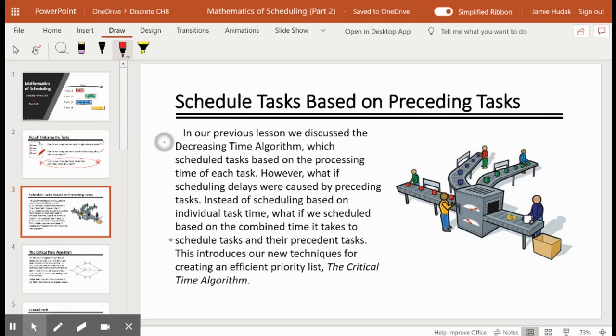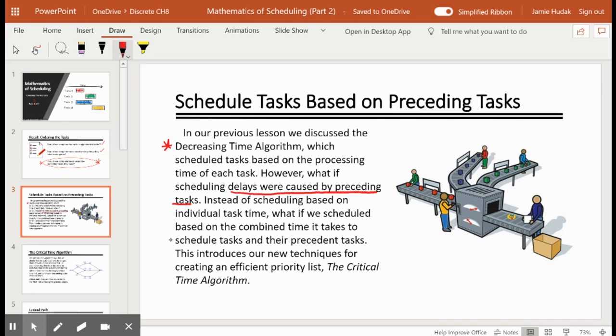As we said in the previous lesson, we talked about the decreasing time algorithm and we created our priority list by scheduling the tasks that take the most time first and then continuing in descending order of task time. So now we're saying, what if delays are caused by preceding tasks instead of just the longest tasks?